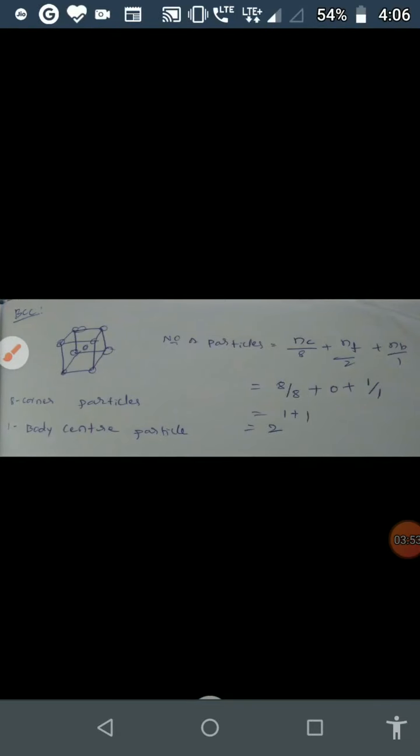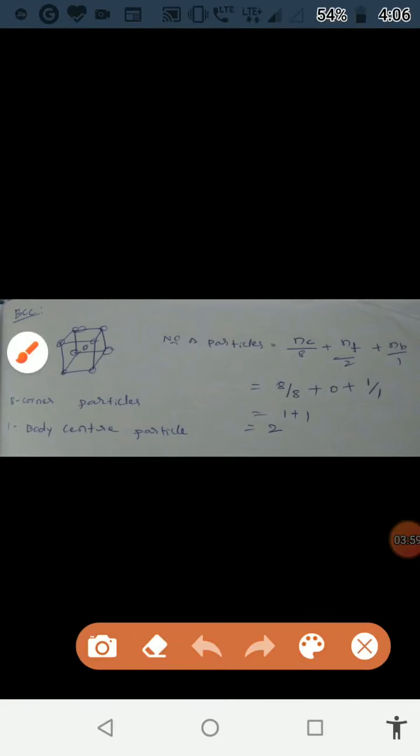Number of particles in BCC. In BCC the particles are present at the corners as well as the center of the unit cell. From the formula, again Nc divided by 8 plus Nf divided by 2 plus Nb divided by 1. There are 8 particles at the corners, therefore it is 8 divided by 8. There are no particles at the center of each face in this kind of unit cell, therefore it is 0.